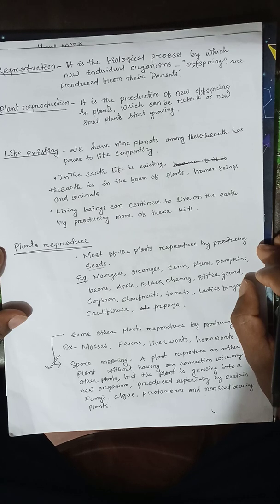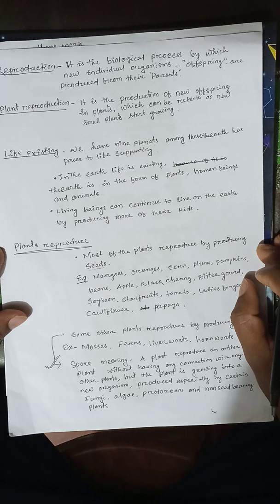We know life is possible only on Earth. But we have 9 planets. Among these, the Earth has the power to support life. The Earth has plants, human beings, and animals.